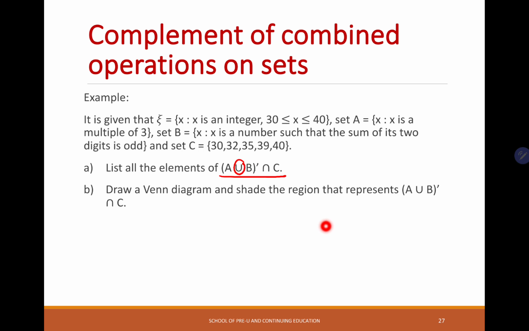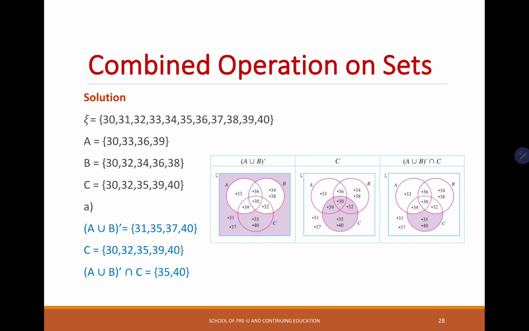After that, find these elements, draw a Venn diagram and shade the region. Now list out the universal set, list out A, B, and C. First of all, we want to find the complement of A union B. So A union B, combine these two, and you're going to get 30, 32, 33, 34, 36, 38, and 39.